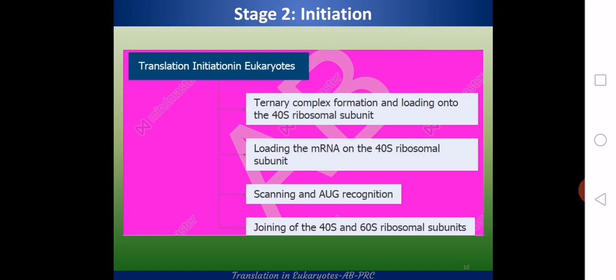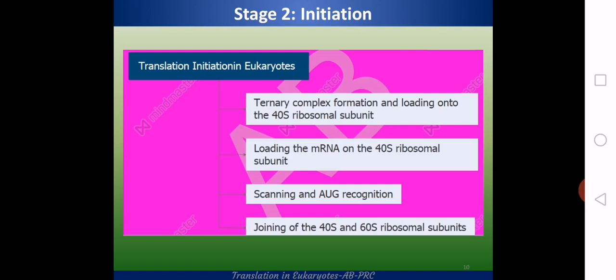But when it comes to the initiation, the mechanism is slightly different. The initiation has been subdivided into 4 stages. First is the ternary complex formation, which is the complex formation of the tRNA and the initiation factors.